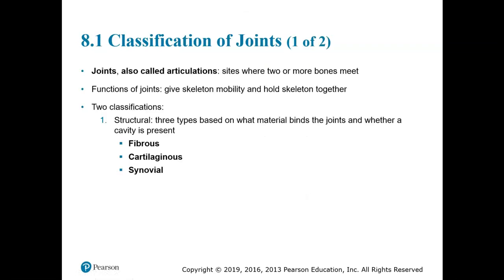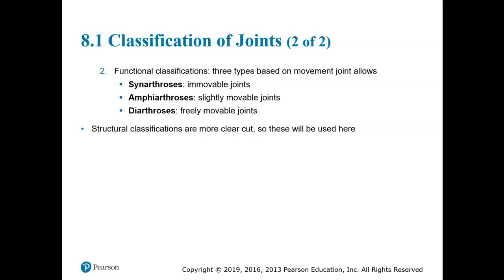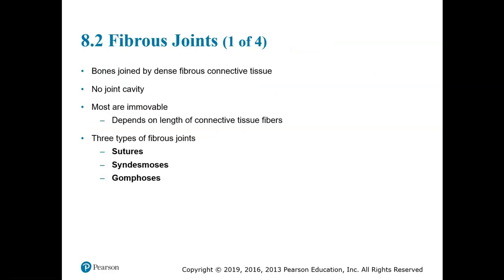Make sure you know the word articulation means joint, and make sure that you are familiar with examples of the three structural types of joints. For the fibrous joints, we said that examples would be the sutures of the skull and the gomphoses, where the teeth fit into their sockets.